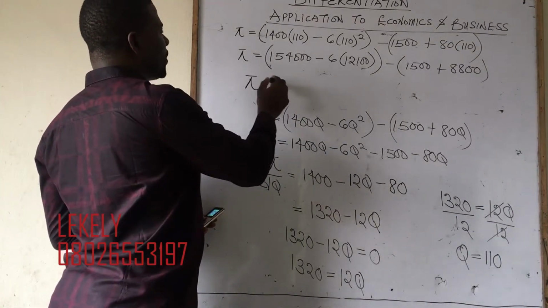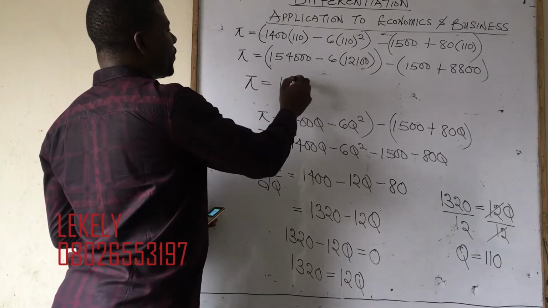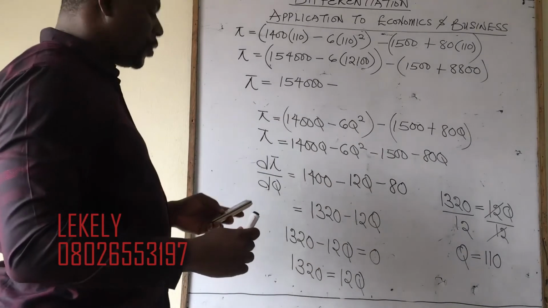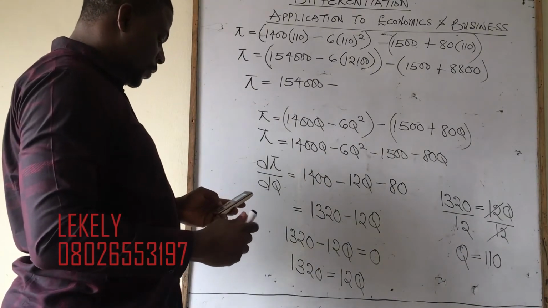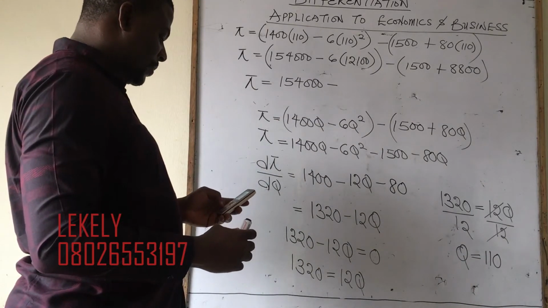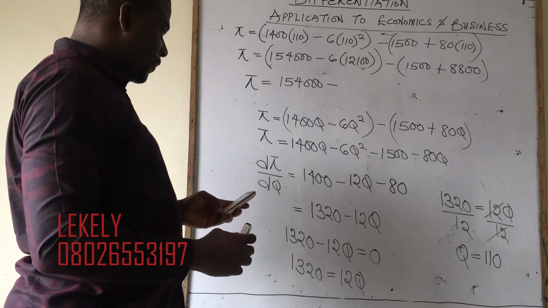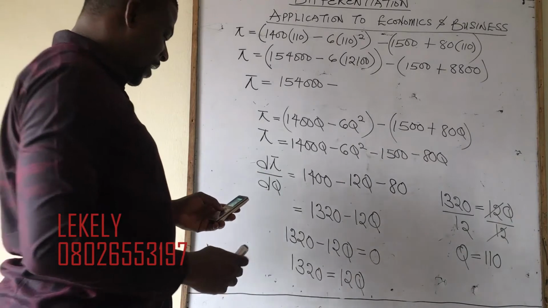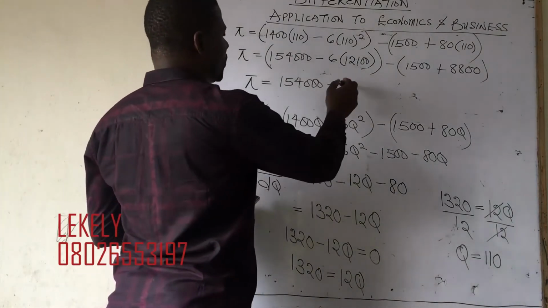So my profit now becomes 154,000 minus 6 times 12,100. So that is 72,600.